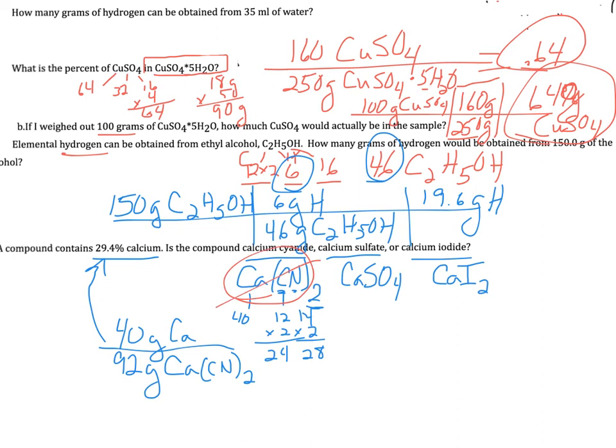We have calcium again, which is 40, sulfur, which is 32, and then 16 times 4 for the oxygen, and that is going to be 64. So 64 plus 40 plus 32 gives us an answer of 136 grams for the CaSO4. And again, we're going to do 40 grams of calcium because there's one calcium in CaSO4.